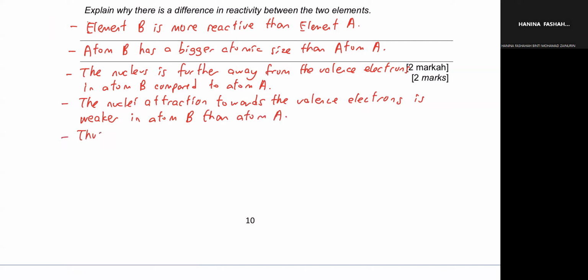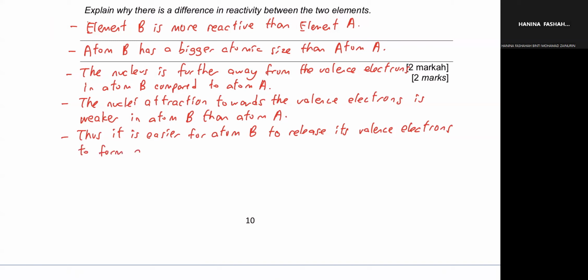That's why finally you can say, thus it is easier for atom B to release its valence electron to form a positively charged ion.